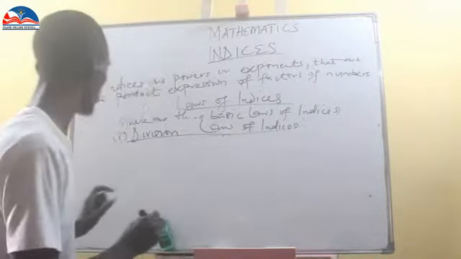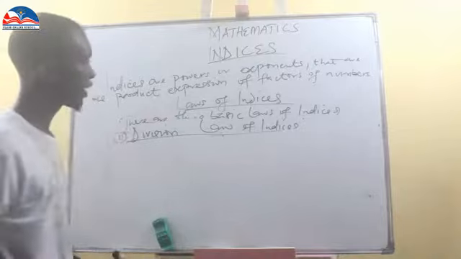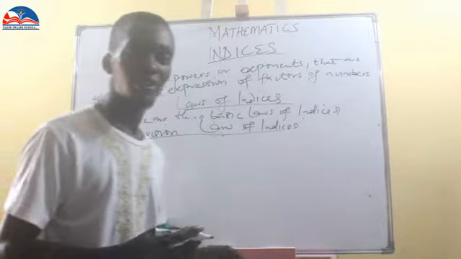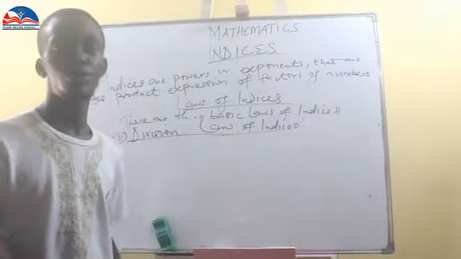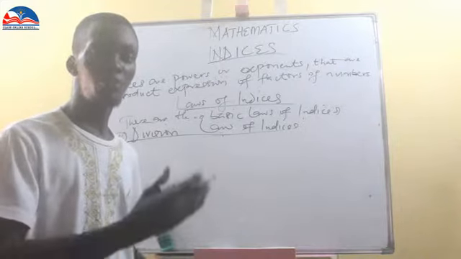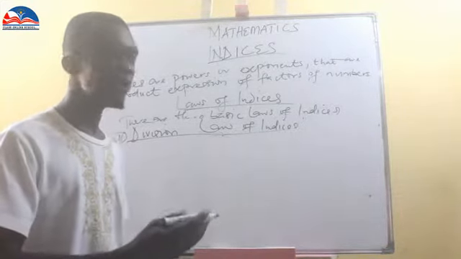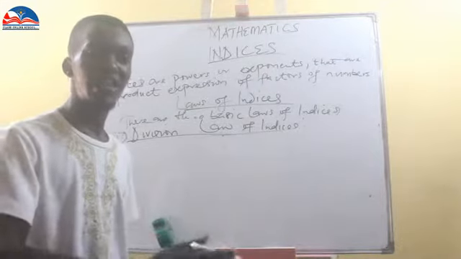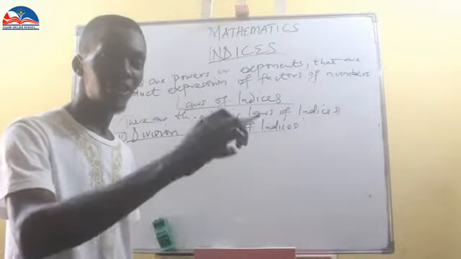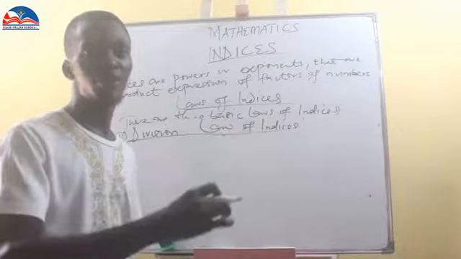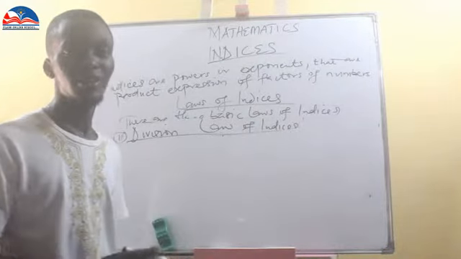So this is law 2. The second law says that if two equal or same dividing bases are indexed, take one of the base and subtract the indices.